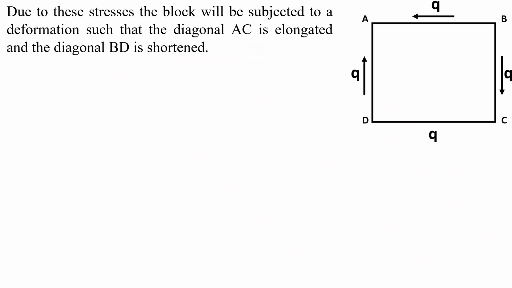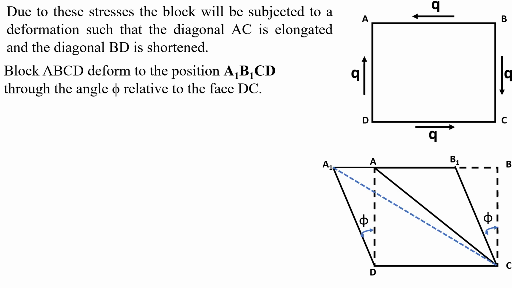Due to these stresses, the block will be subjected to a deformation such that the diagonal AC is elongated and the diagonal BD is shortened. Block ABCD is deformed to the position A1, B1, C, D through the angle phi relative to the face DC. Let us observe the picture.